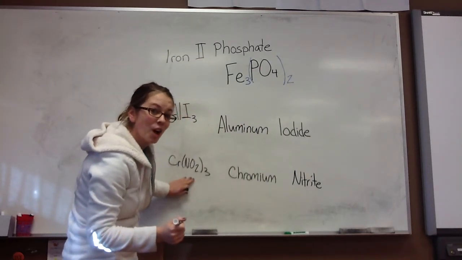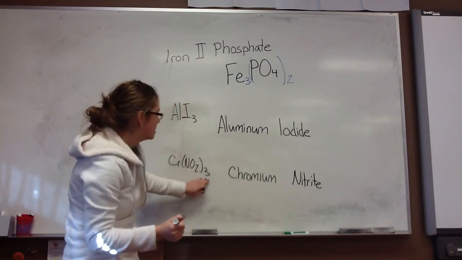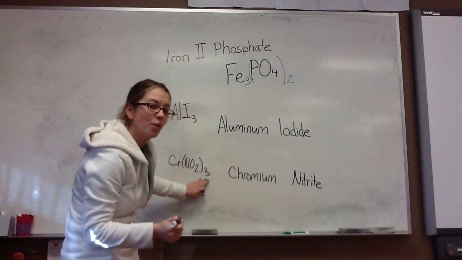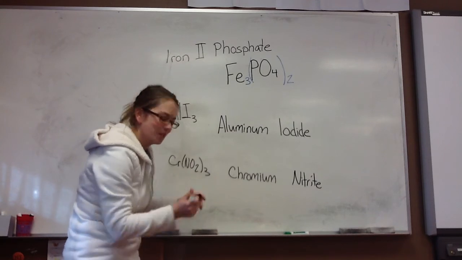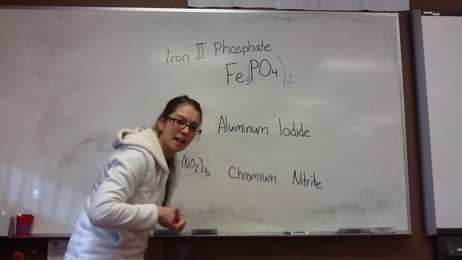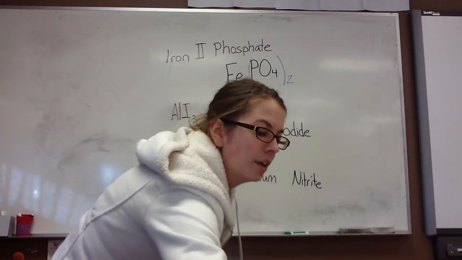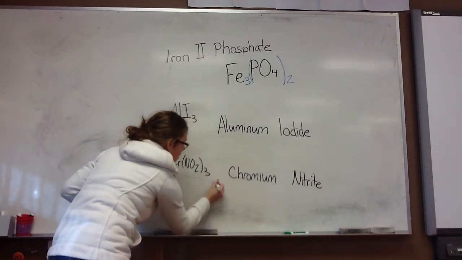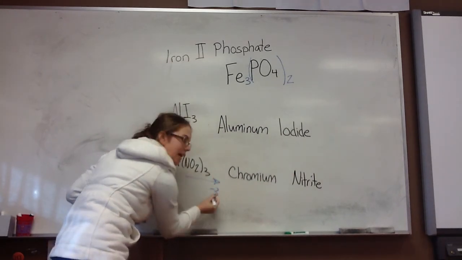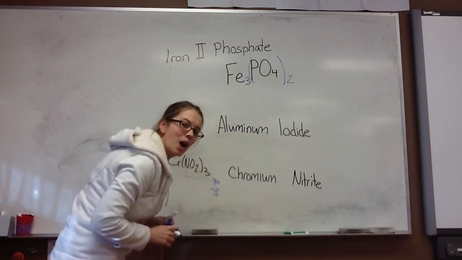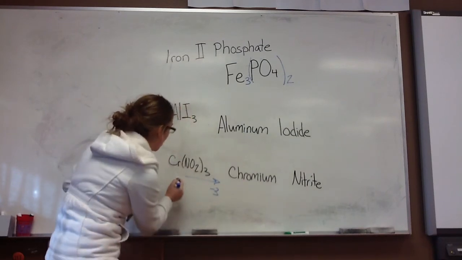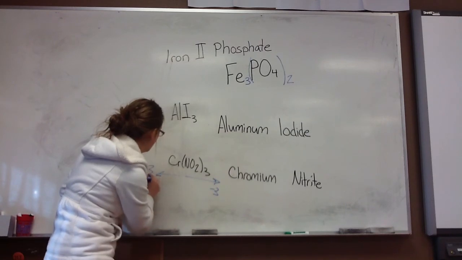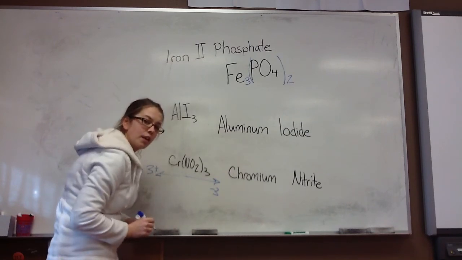Nitrite has a negative charge, and because of this number 3 outside of parentheses, we know that we have 3 nitrite ions in this compound. 3 times -1 is -3. So we know that on this side, our charge must be -3. Because we know the compound is neutral, as all ionic compounds need to be, our chromium must have a charge of +3.